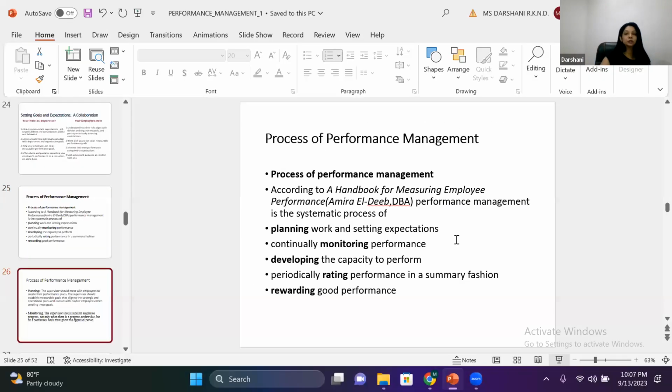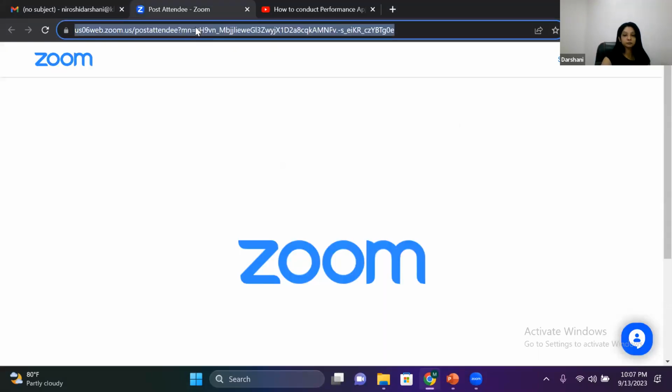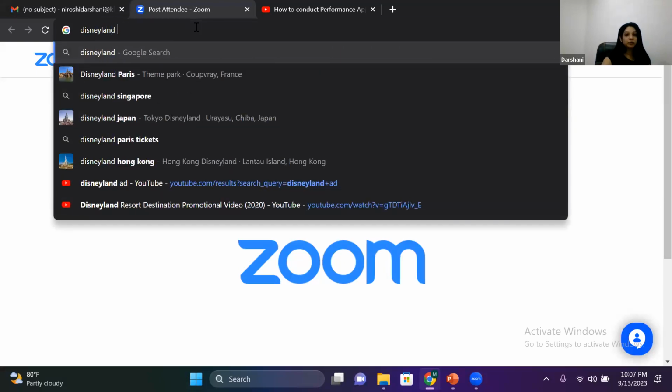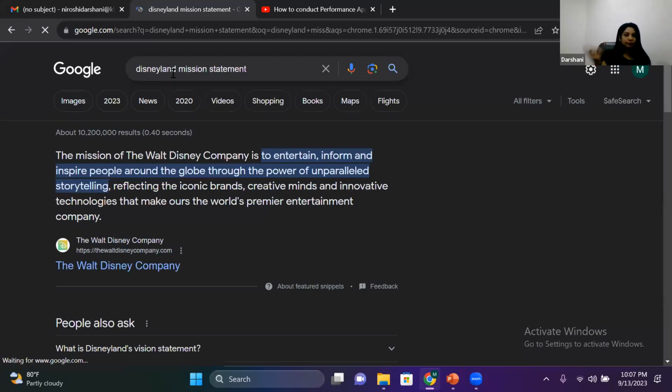Now let me show you the mission of Disneyland, then that would be clear for you. Disneyland mission. Look at it. Now what is the vision? To make people happy. The mission says to entertain. The company's mission is to entertain, inform and inspire people around the globe through the power of unparalleled storytelling.